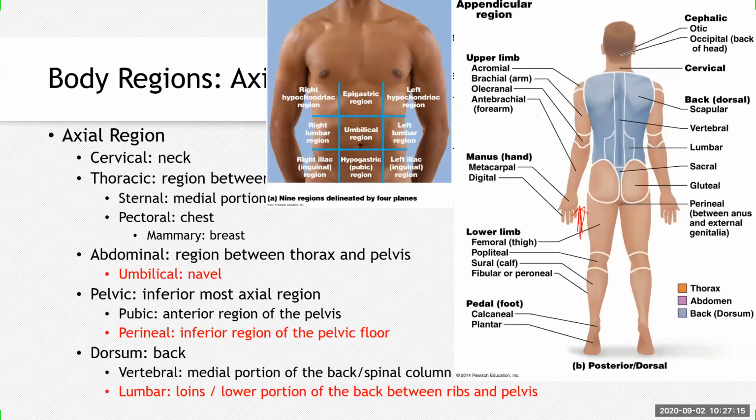And then you have the lumbar region. Lumbar is known as this region here on your back, right? But not only is it on your back, when we talk about the different regions of the abdominopelvic regions, then it is also these regions over here. We'll take a look at that in a different context in another slide or two. And sacral is pretty obvious as well. The reason I'm skipping some of these is because they're really easy to understand and it's all just memorization.